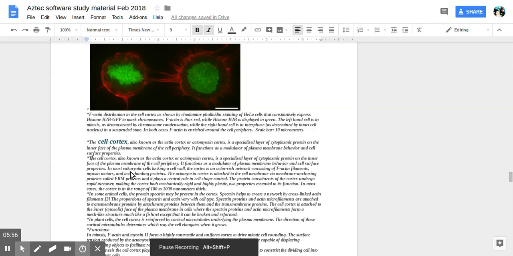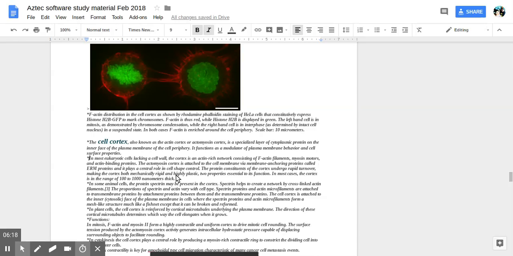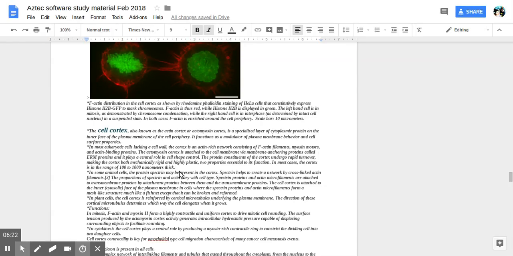In most eukaryotic cells lacking a cell wall, the cortex is an actin-rich network consisting of actin filaments, myosin motors, and actin-binding proteins.